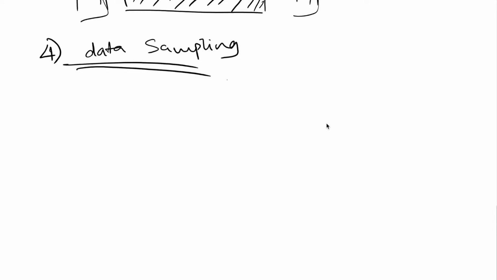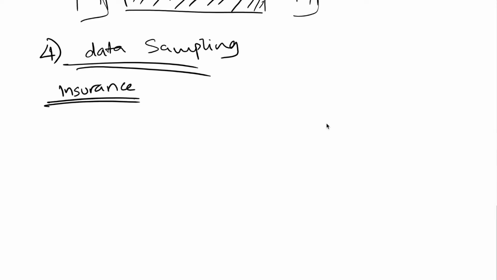Now, the fourth type of data cleaning that you want to do is known as data sampling. Now, I've already given an example of data sampling in my first video where I spoke about the KDD process. I gave an example of the cancer data set. So now let's give a different example. Let me give you an example of, let's say, insurance.